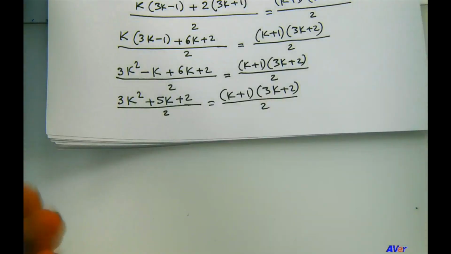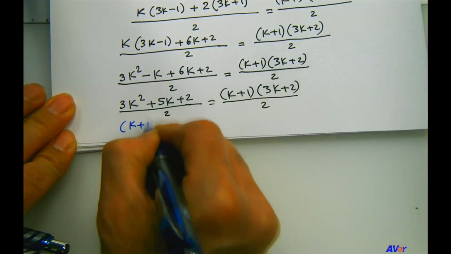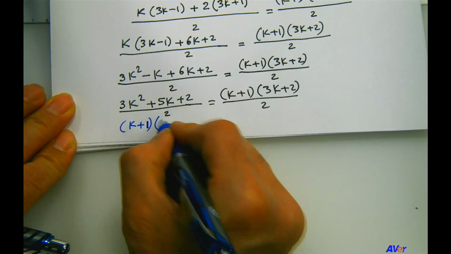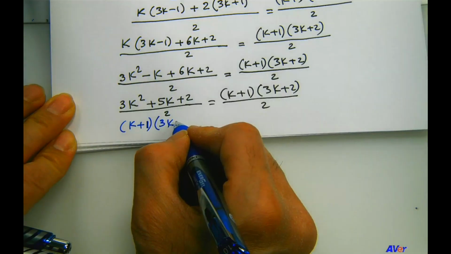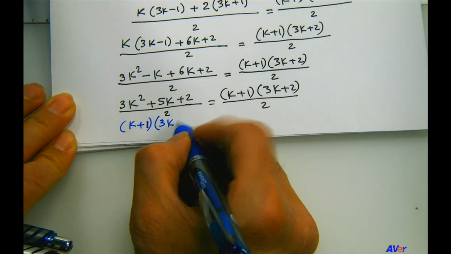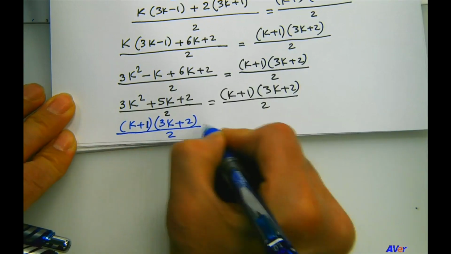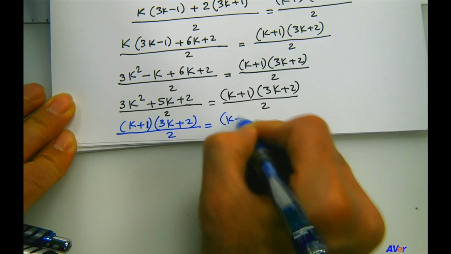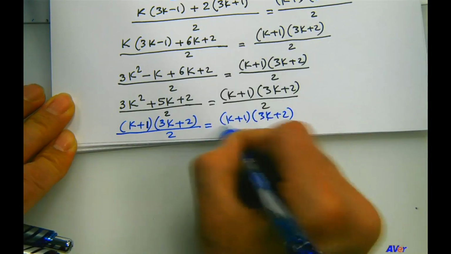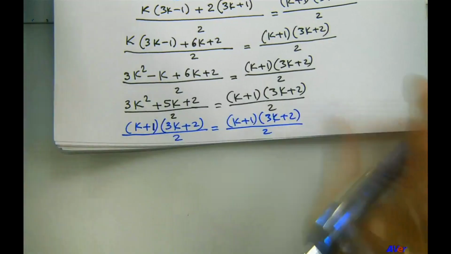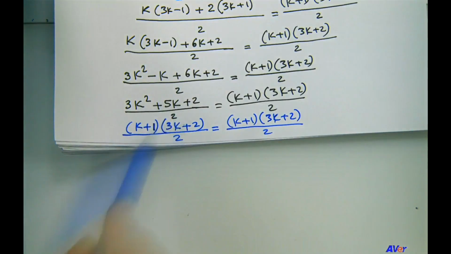So we have k plus 1 times 3k plus 2 over 2 equals k plus 1 times 3k plus 2 divided by 2, right? Just factor these two terms, this quadratic equation, and you'll get that.